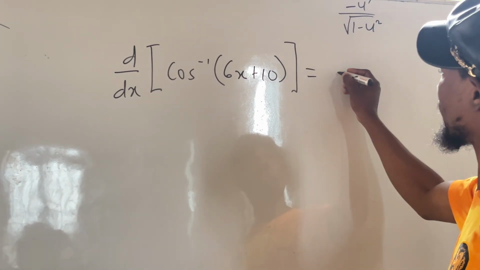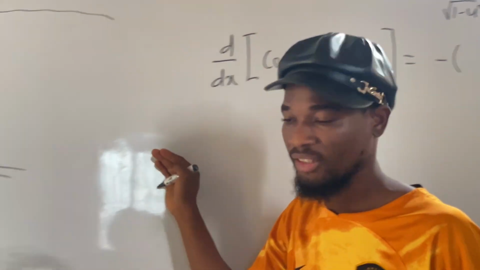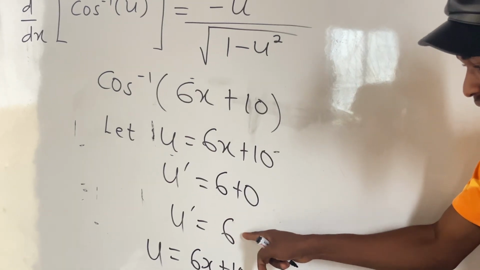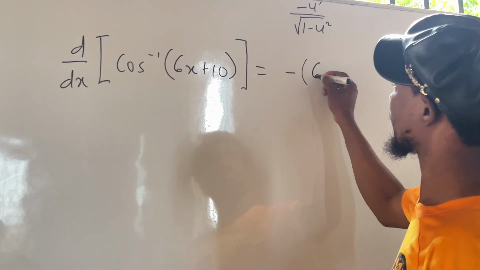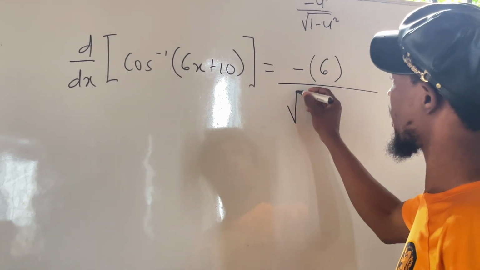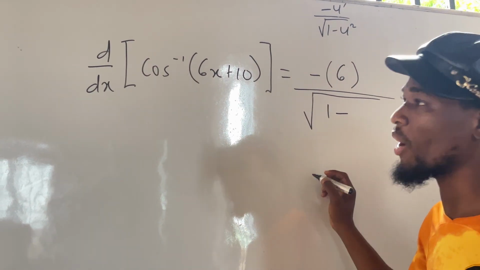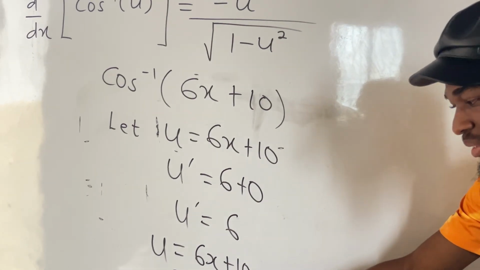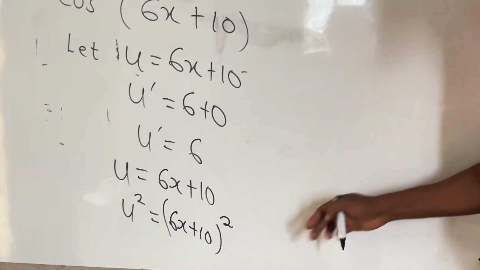So I have negative of u prime, which is 6, over here, then all over square root of 1 minus u squared, which is the expression 6x plus 10 all squared.